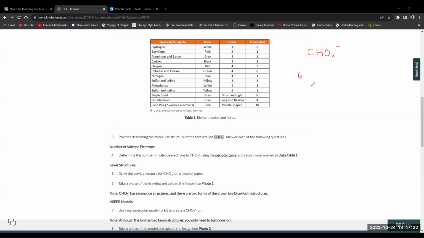So carbon has 6, plus the 1 hydrogen, or I'm lying. I guess I forgot already. Carbon has 4, hydrogen has 1, oxygen has 6, and there's 2 of them. And remember the charge.